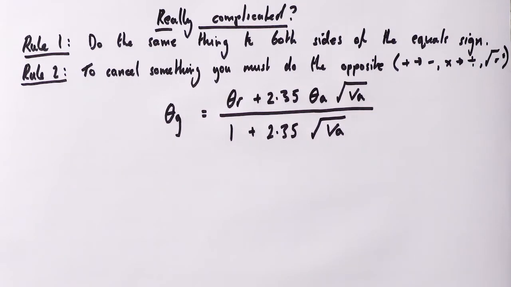There. Now that's a doozy of an equation. I wouldn't be surprised if some people are looking at that at the moment thinking, that's impossible, I'll never be able to do it. But don't worry, if you stick to those same rules, no matter how complicated the equation gets, you should be able to rearrange it.